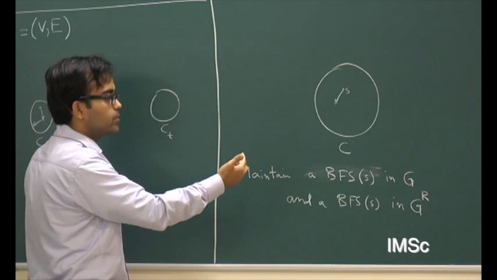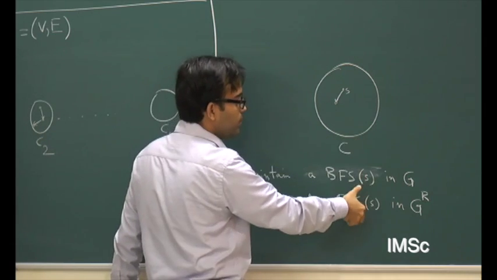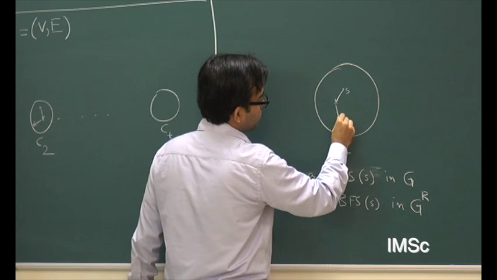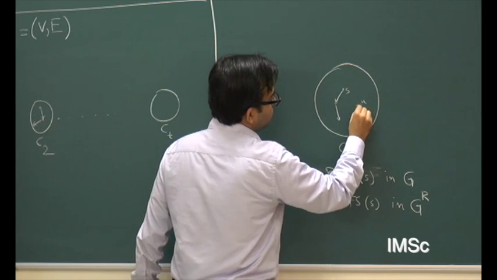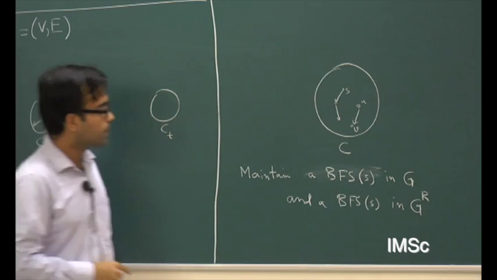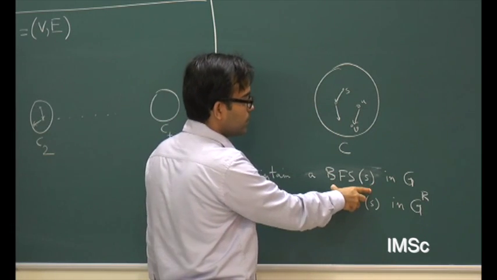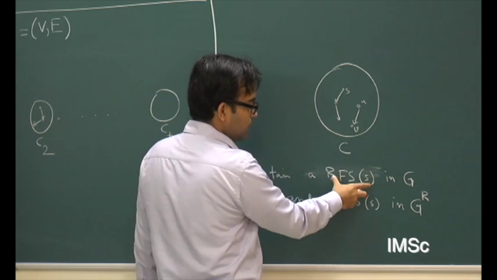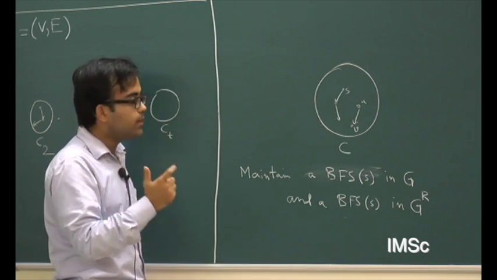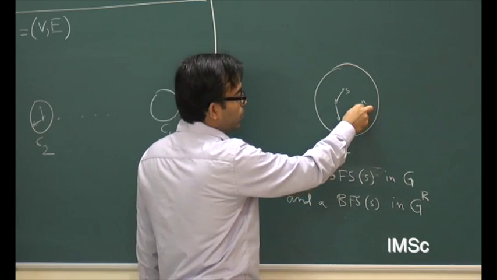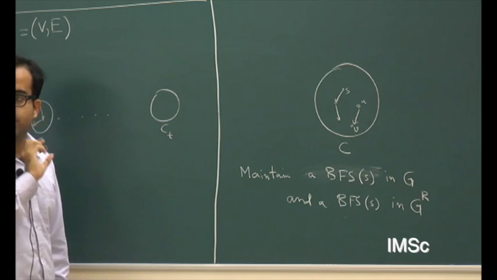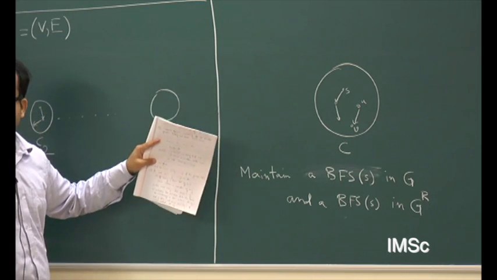Initially, all the nodes will be part of both these BFS trees, since the graph is strongly connected. Then suppose an edge u v gets deleted. You will delete this edge u v from this BFS tree and the reverse edge from the other BFS tree, and then check whether both u and v are still reachable from S in both these graphs. If yes, then it is still strongly connected, otherwise not.